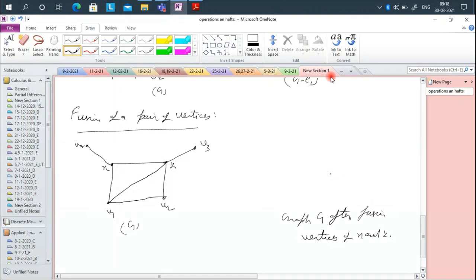Okay, so here in place of x, y we write one vertex. See how to write. First we write v1, v2, and in place of x, y we consider a vertex only. Understand? And v3 is there. Yes, fine.